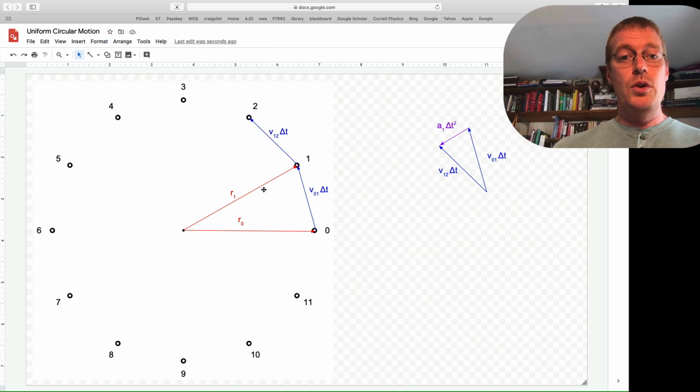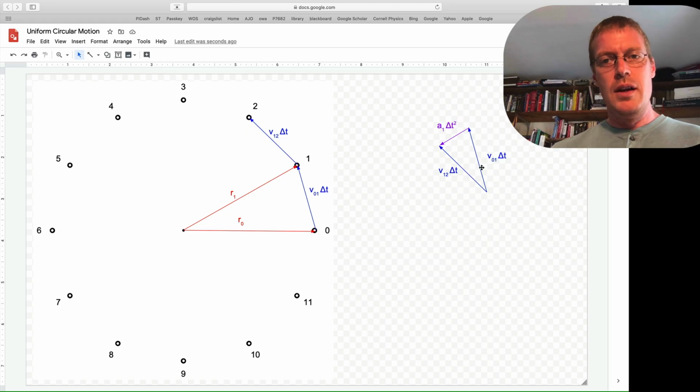So we take the difference between two subsequent position vectors. That gives me a velocity vector times delta t. We take the difference between two subsequent velocity vectors times delta t, and that gives me an acceleration vector times delta t squared.